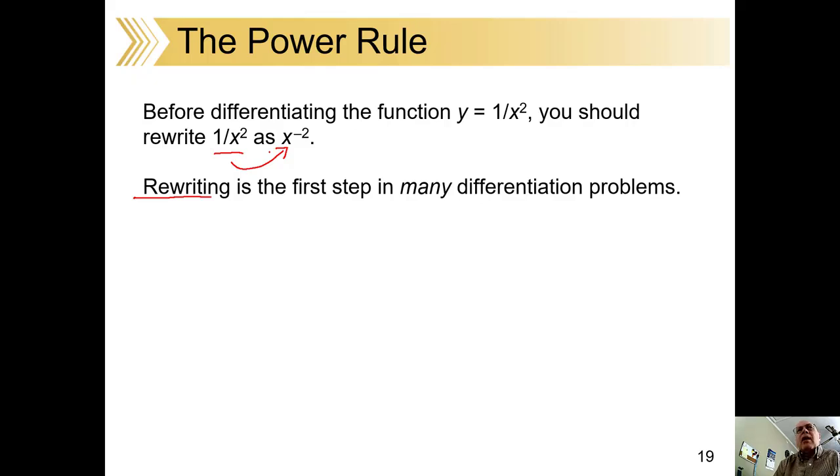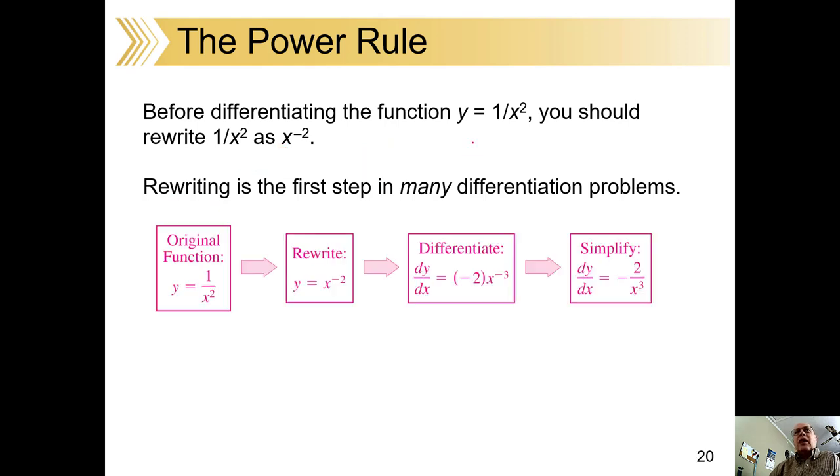So if you want the derivative, dy/dx, there's our negative 2 in the front, and our negative 3, which is 1 less than the negative 2. Pretty good, huh? So you take the original function, rewrite it, differentiate. Then, when you've got it in the form of the power rule, you're done with a little bit of simplification.